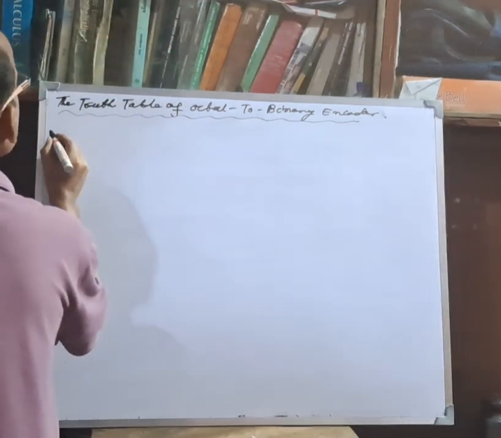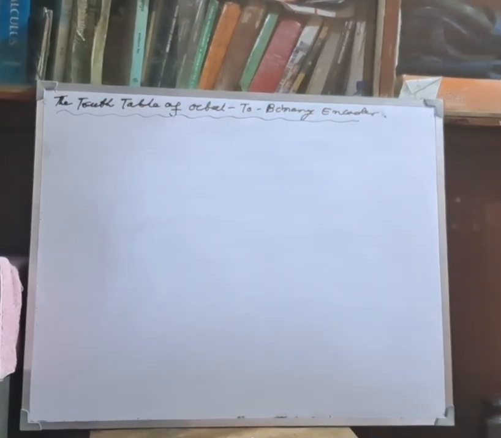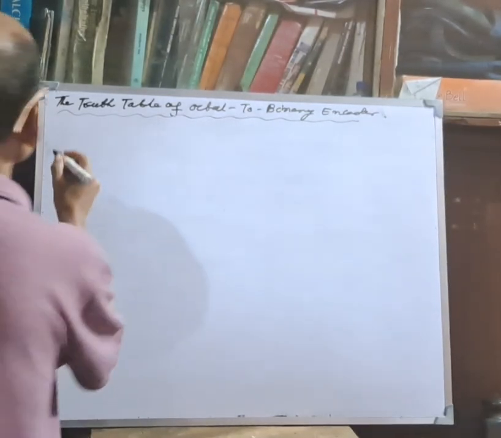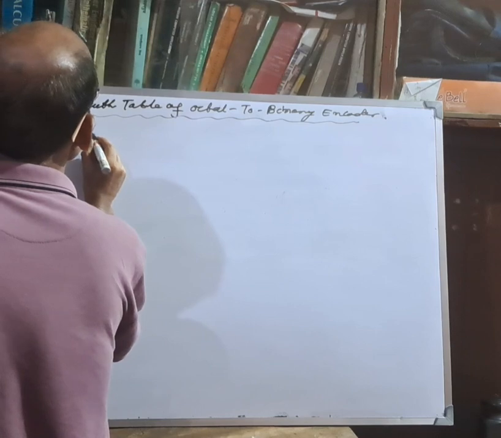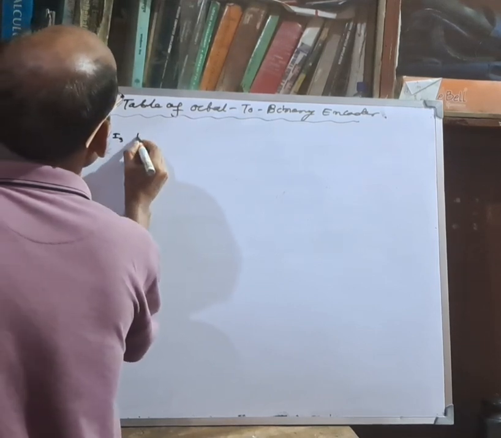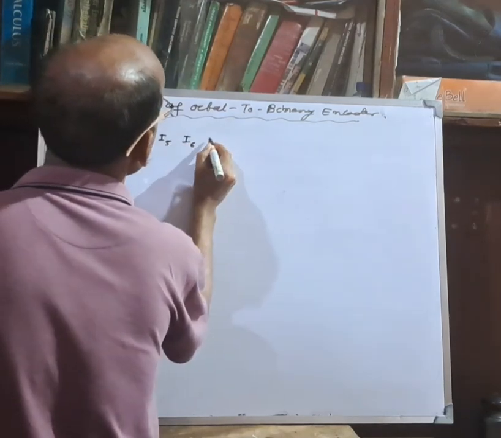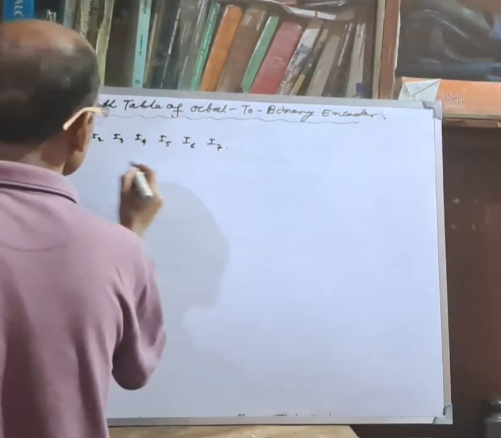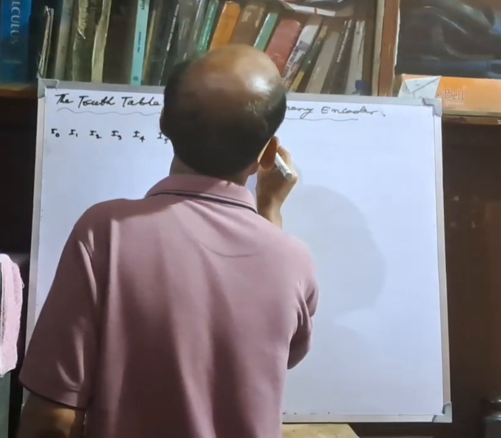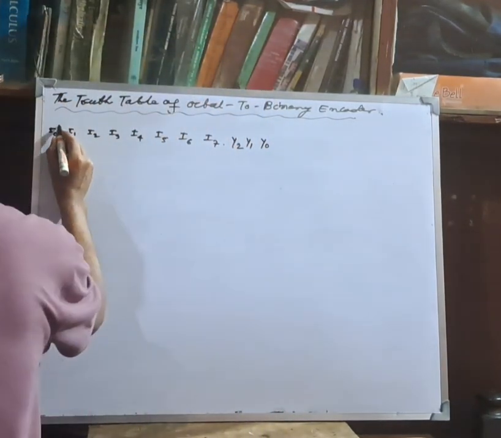You just see. First of all, the value will be generated from I0 to I7 and output will be Y0 to Y2. Clear? So you just see here I0, I1, I2, I3, I4, I5, I6 and I7. Clear? As I told you, and this will be Y0, Y1 and Y2. Clear?